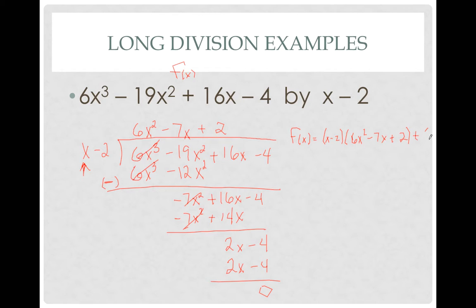Well, my remainder is 0, so again, it's not necessary, but I'm going to put it there to begin with. Or we could say that f of x divided by x minus 2 is equal to 6x squared minus 7x plus 2 plus my remainder out of x minus 2.